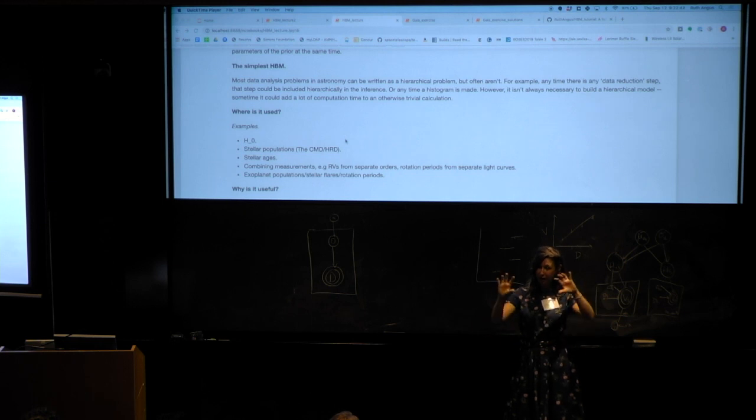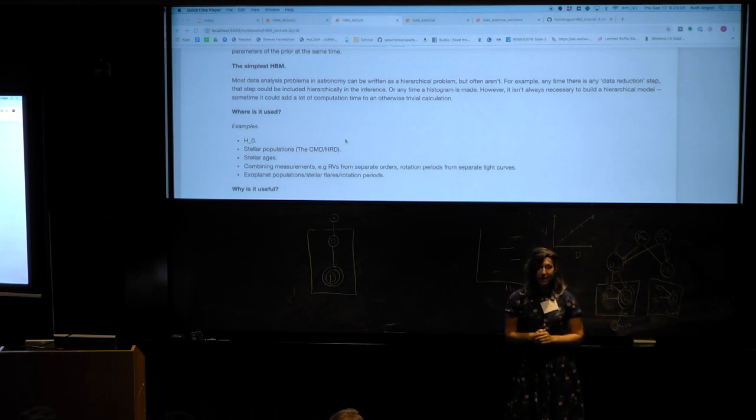They are hierarchical parameters in this scenario. The relationship between rotation period and age is a power law, and the index of that power law is a free parameter that we infer. It's the same for every star: there's one power law index.